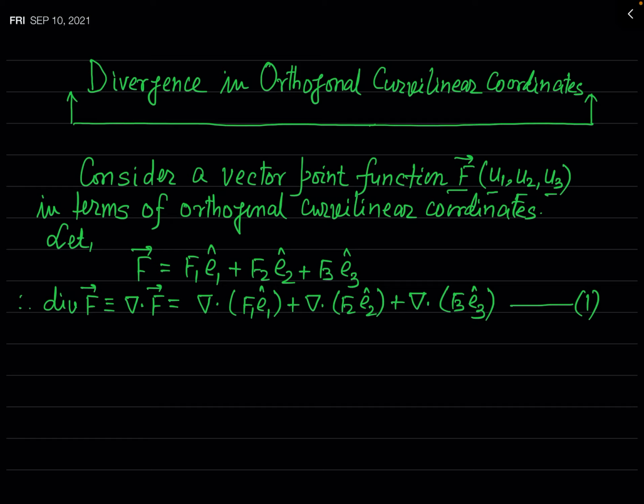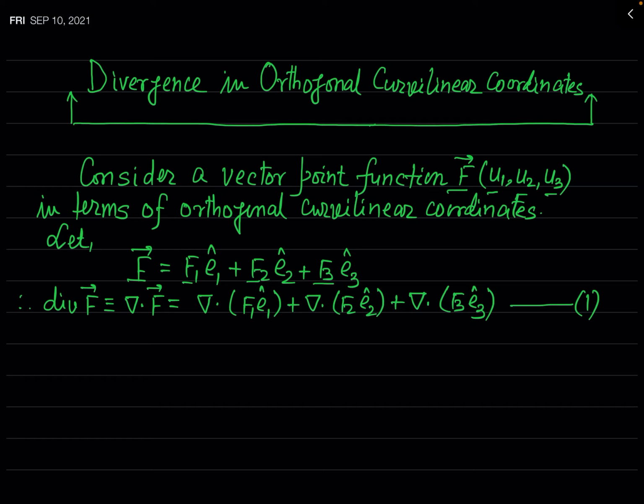As you have seen in the earlier lecture, any vector may be expressed in terms of the unit vectors in orthogonal curvilinear coordinate system, and so this vector field f may be expressed like this: f is equal to f1 e1 hat plus f2 e2 hat plus f3 e3 hat. Here e1 hat, e2 hat and e3 hat are the unit vectors along the three curvilinear coordinate axes.